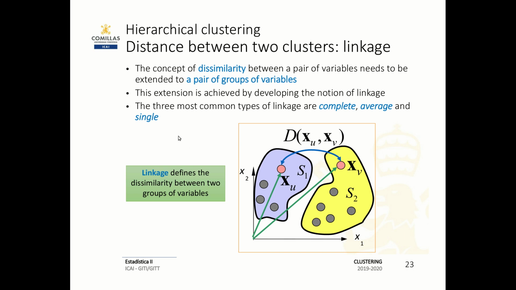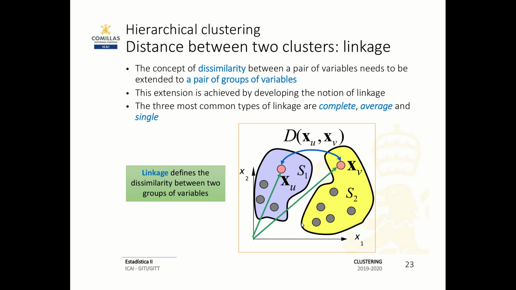The single is just the opposite. So the distance between two groups is defined as the minimum distance between points of these two groups. So for this example, we would have here probably the closest objects.